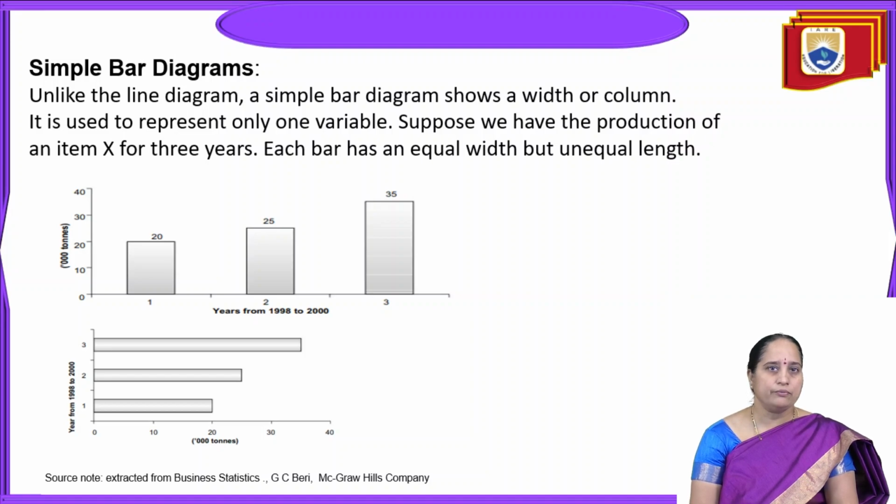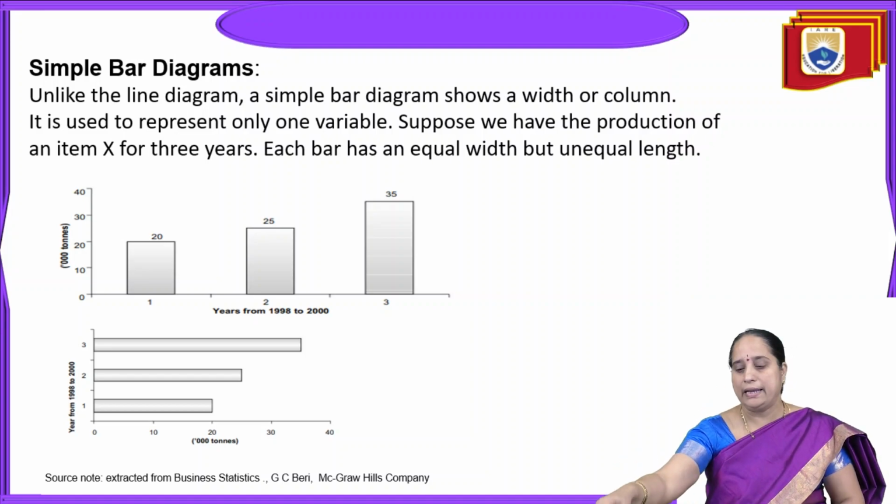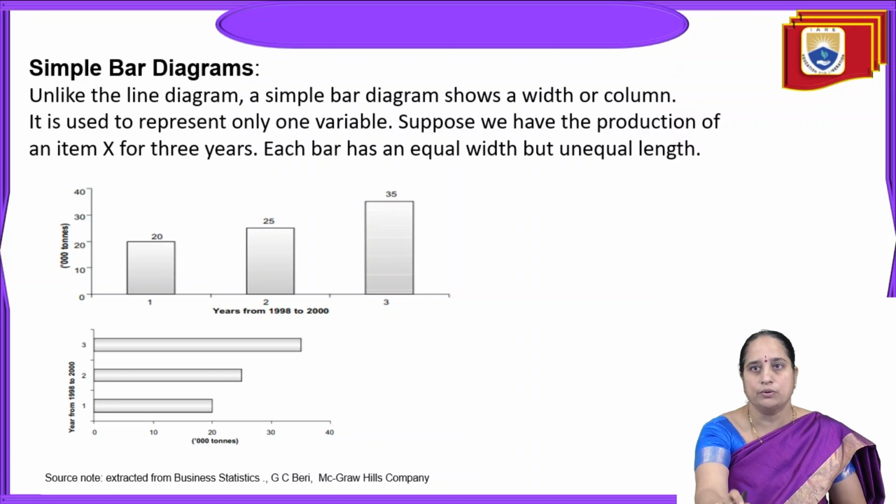Suppose we have the production of an item X for 3 years, so each bar has an equal width but unequal length. As we may have variation in production across the 3 years, the bars will have equal width, but the length may vary from one year to another.